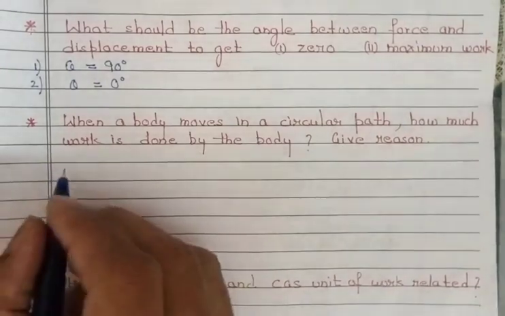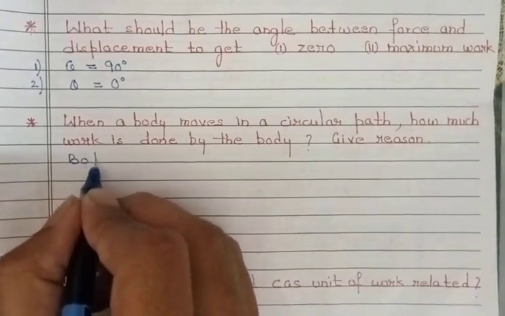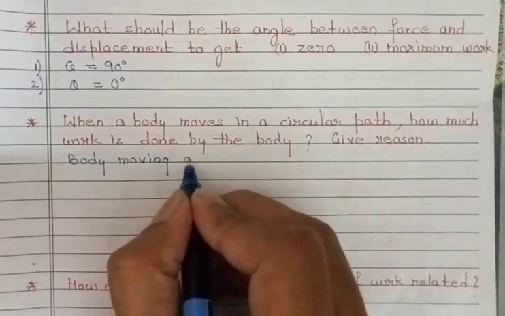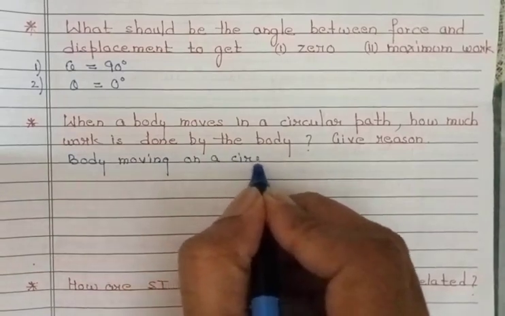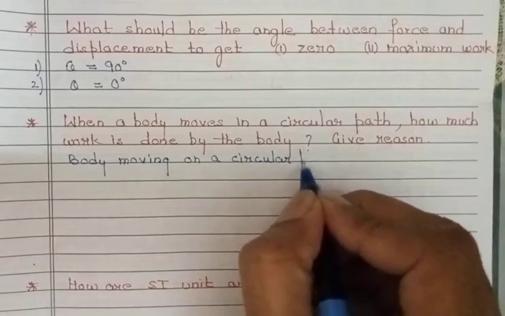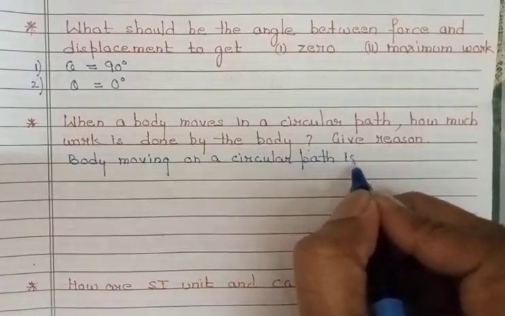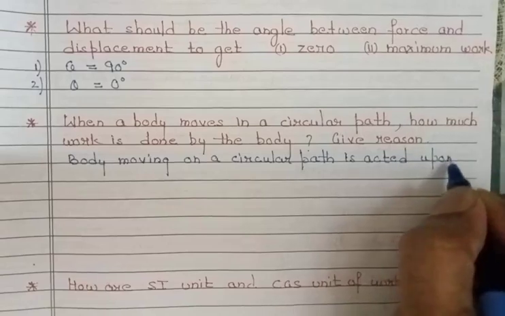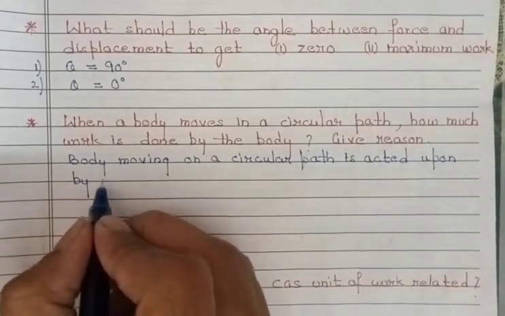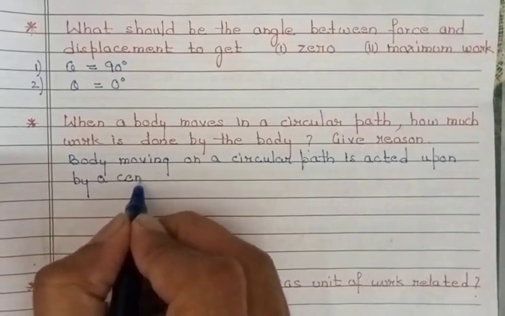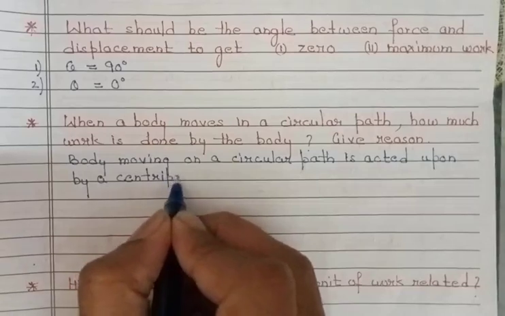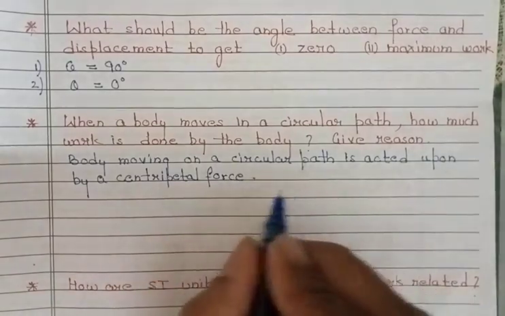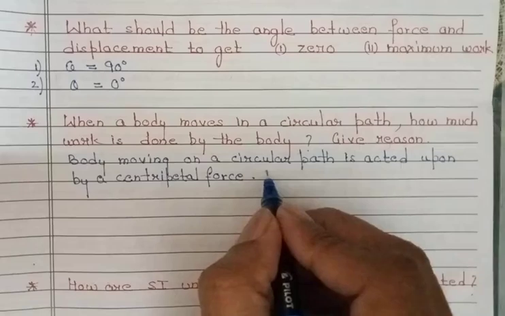Now remember, whenever a body moving on a circular path is acted upon by a centripetal force, right? And this force is normal to the displacement.